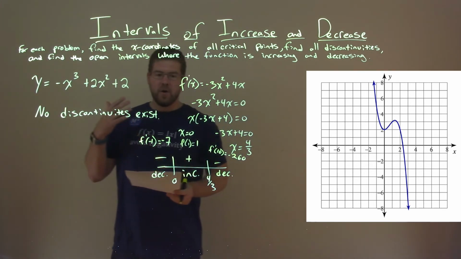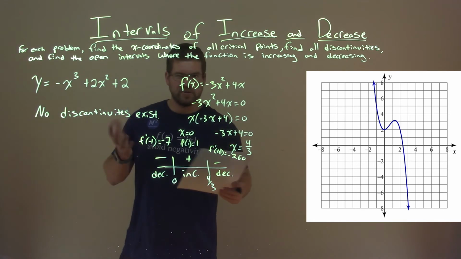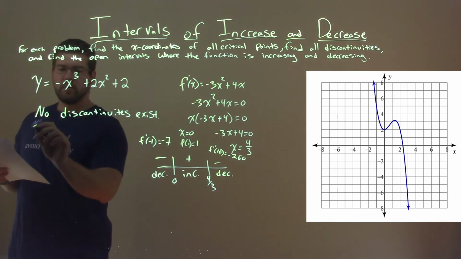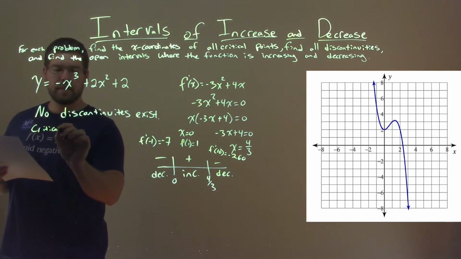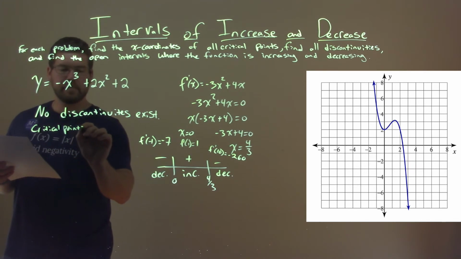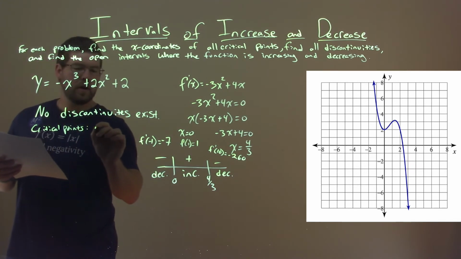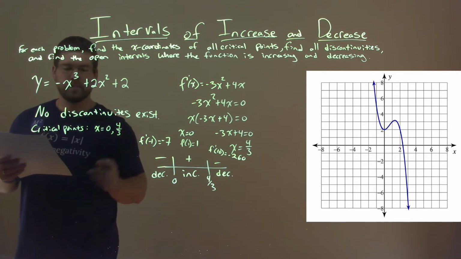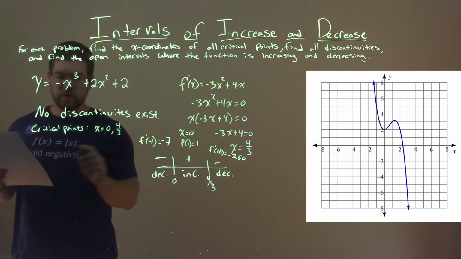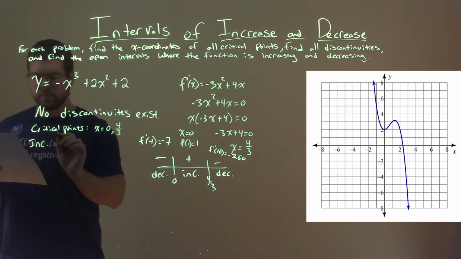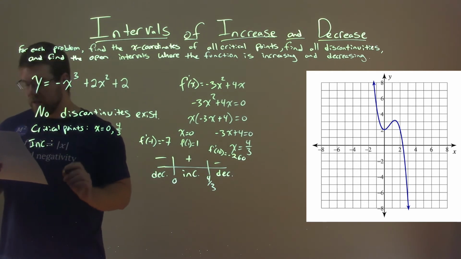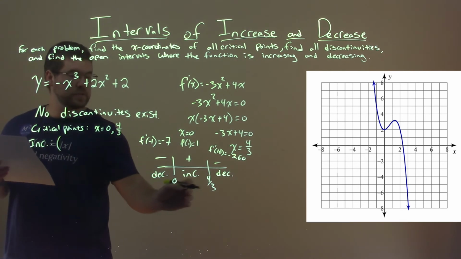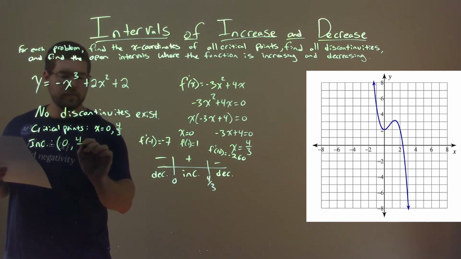So we have our information here, let's write it out now. Our critical points are when x equals 0 and 4/3. And then where is this function increasing? Well, it's increasing, I'm going to do shorthand here, on the interval from 0 to 4/3.